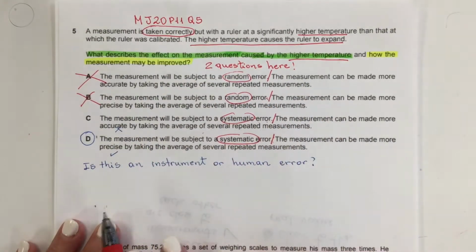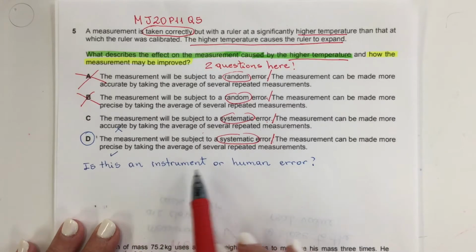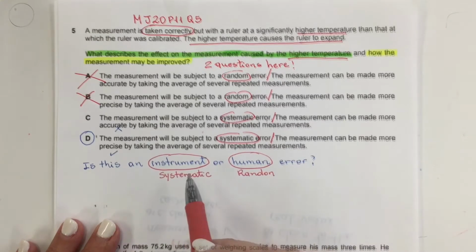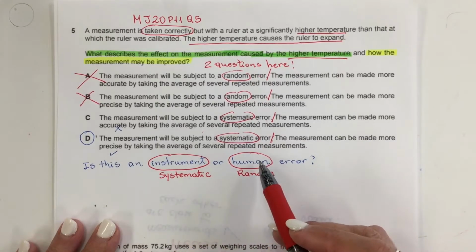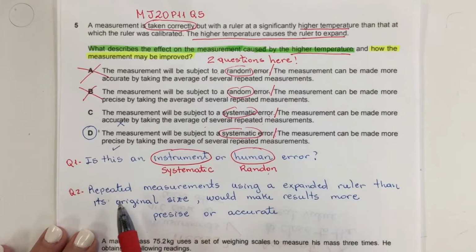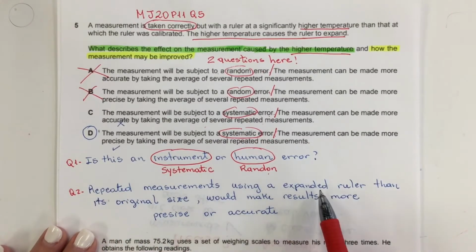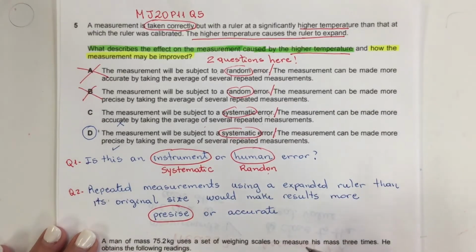So in summary, you have to ask yourself, is this an instrument or human error? If it's instrument, it's a systematic error. If it's human, it's random error. Question 2: repeated measurements using a ruler expanded beyond its original size would make results more precise or accurate? Definitely more precise, not accurate.